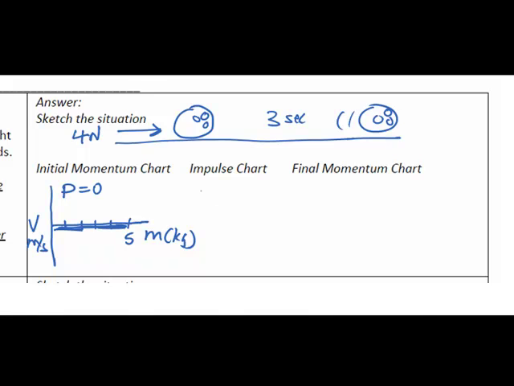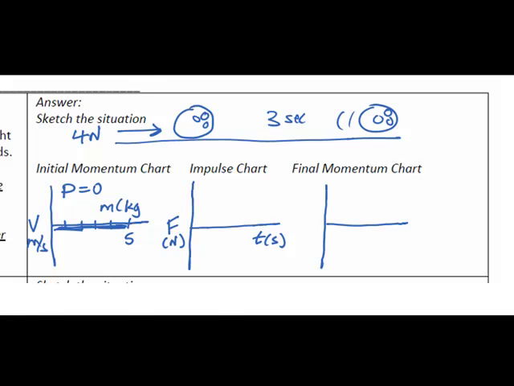Remember, impulse is how we give an object momentum or change its momentum. So let's go ahead and trace that. Our impulse chart has force on the vertical axis and time on the horizontal axis, and we're applying a force of 4 newtons, 1, 2, 3, 4 newtons, for 3 seconds, 1, 2, 3 seconds.